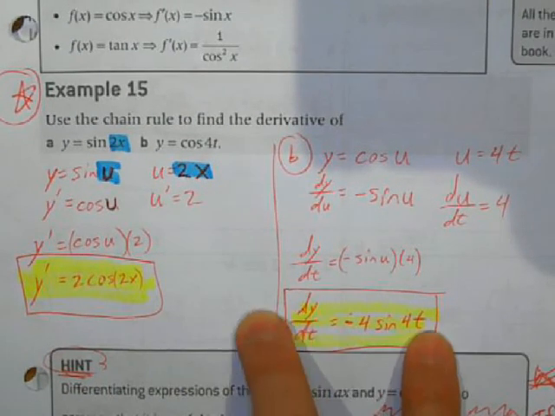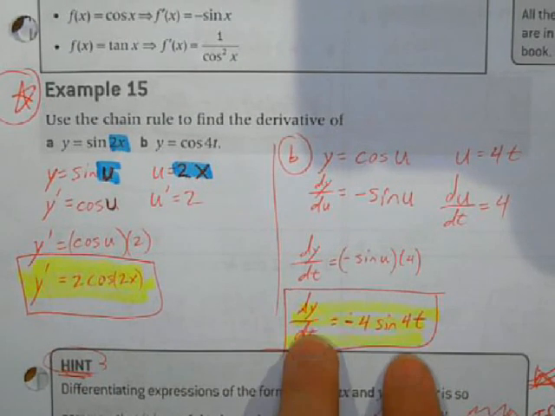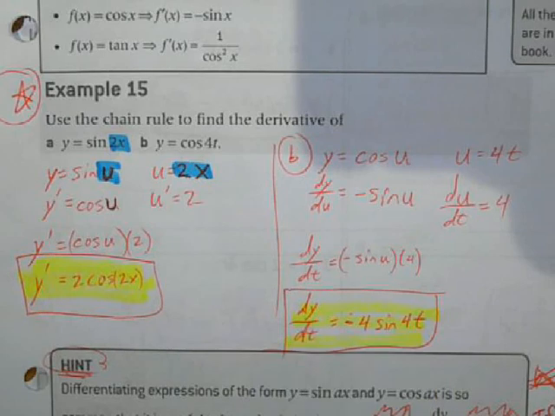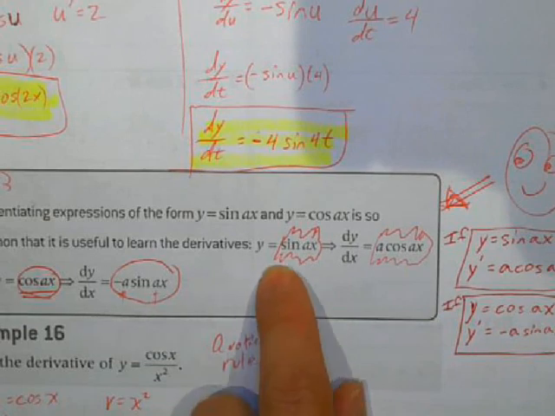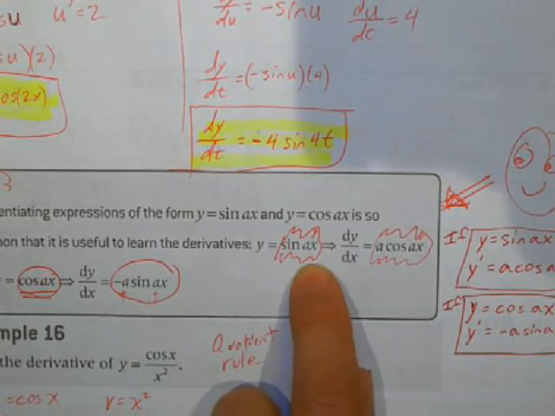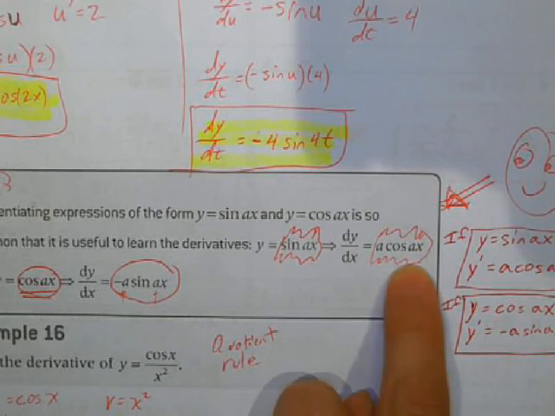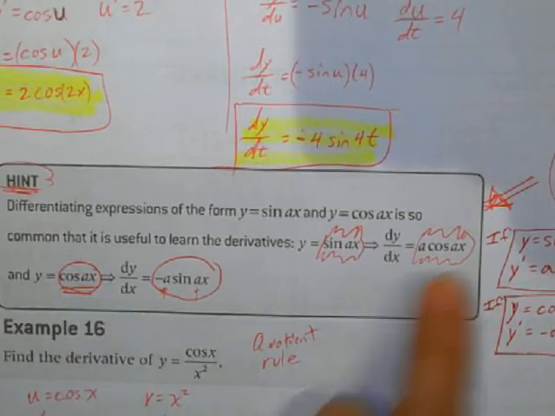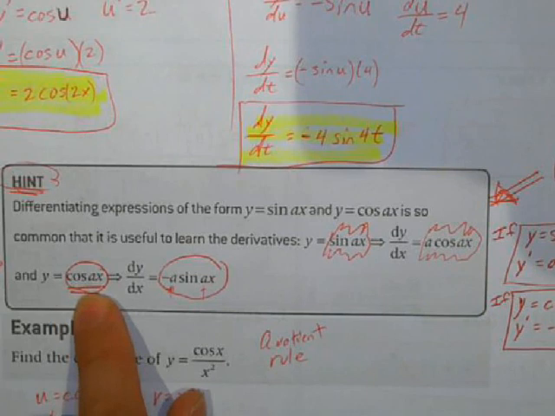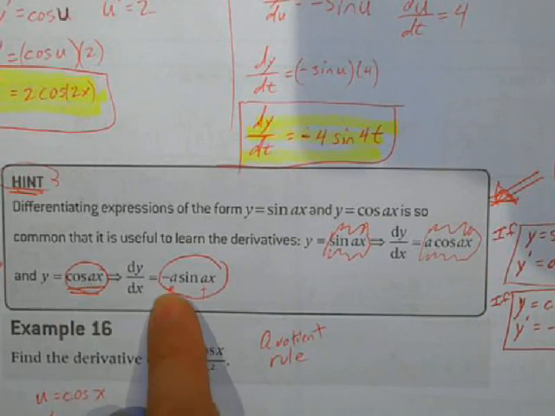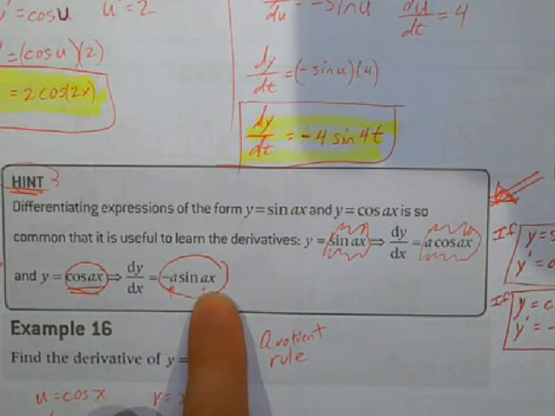Similarly, we do the same thing with the chain rule, and once we do this, we should recognize this hint. If I've got y equals sine ax, the derivative of that is going to be a cosine ax. And if I've got y equals cosine ax, the derivative of that is going to be negative a sine ax.